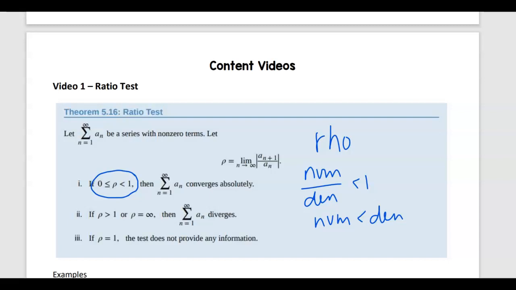Now, if we're greater than 1 or infinity, divergent, and if it's equal to 1, then we really don't have any information as to what's going on here. So it's inconclusive, and we might need to use a different test in order to find convergence or divergence.